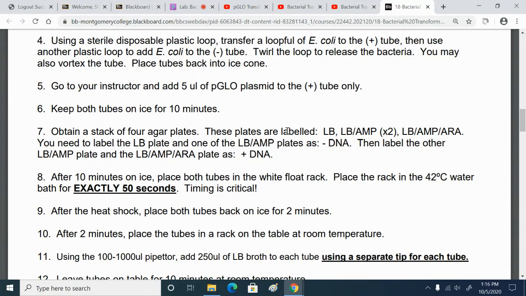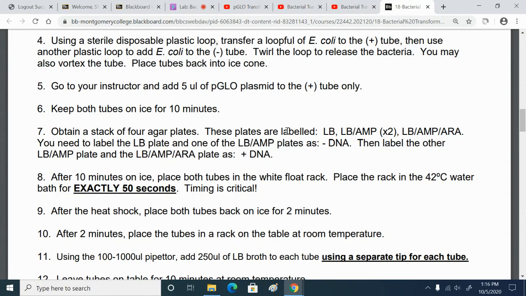If the amount of time in the heat shock is too much or too little, it will affect the efficiency of transformation. So you will not get good transformation if you're not long enough or you're too long. After the 50-second heat shock, you put the tubes back on ice for 2 minutes, right, to cool down, and then you put them on the desktop in a rack at room temperature.